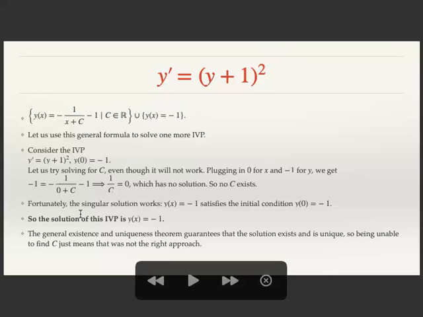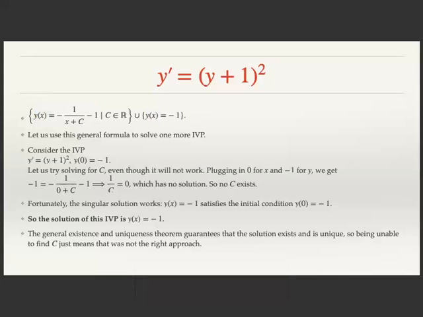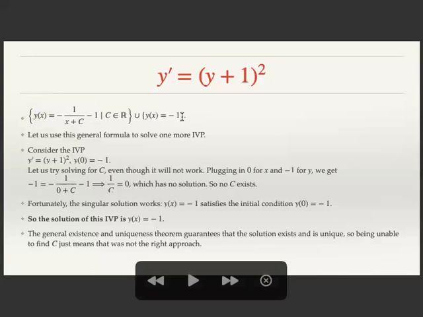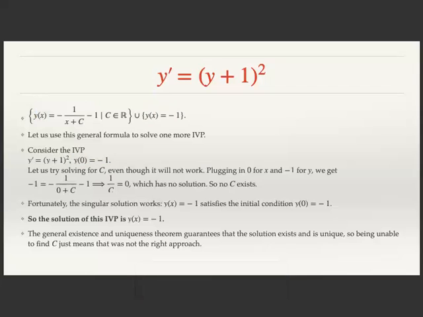So in this case, the general solution consists of this general formula or this particular case. And the particular case is called a singular solution. And for this initial value problem, it turns out that the singular solution is the right solution. So any questions after here?